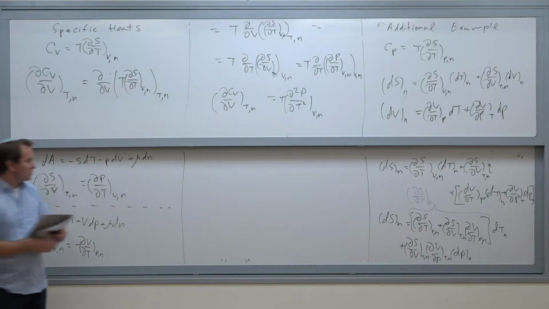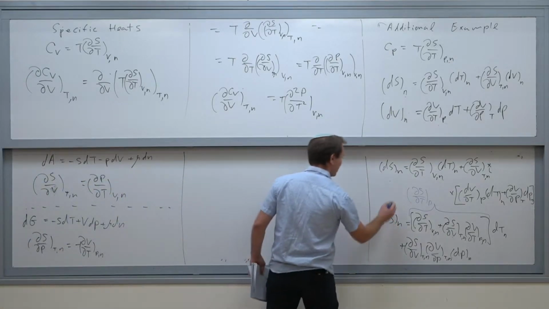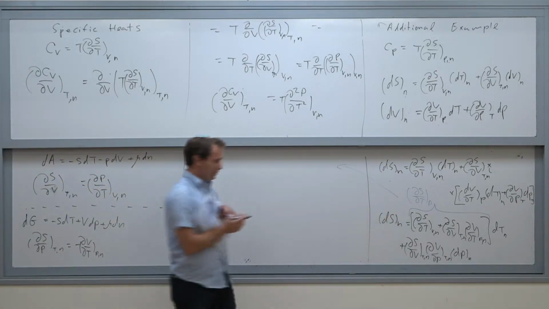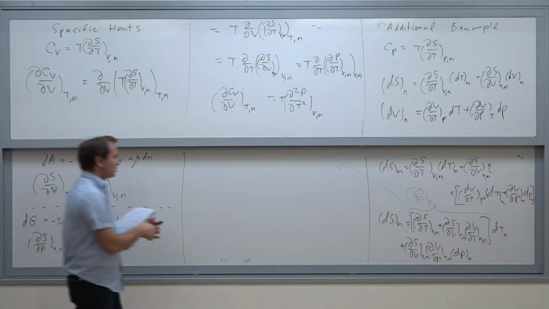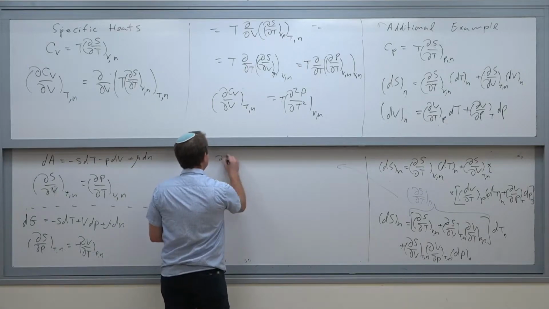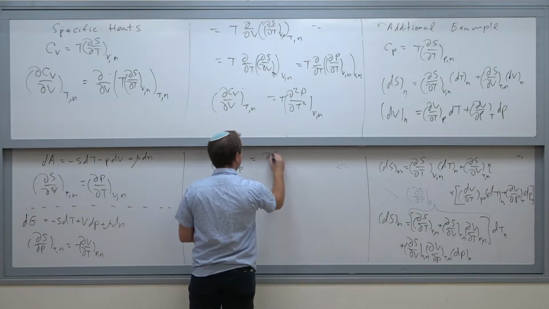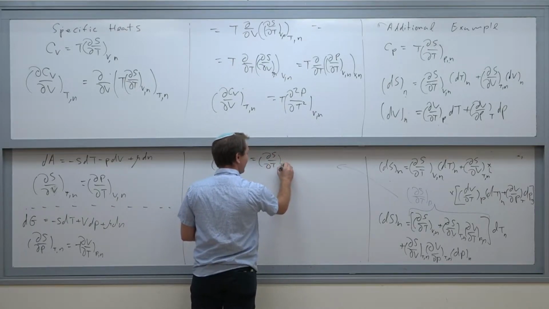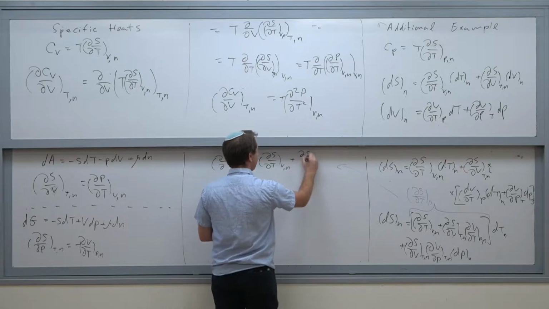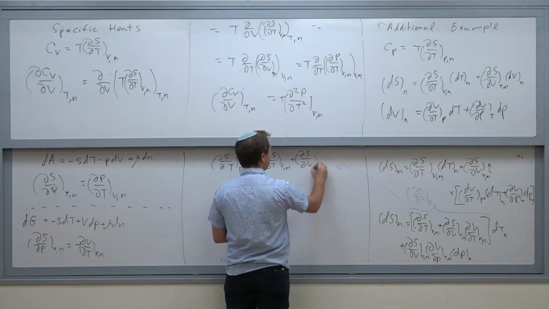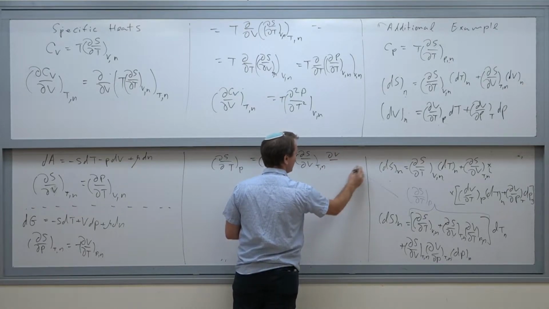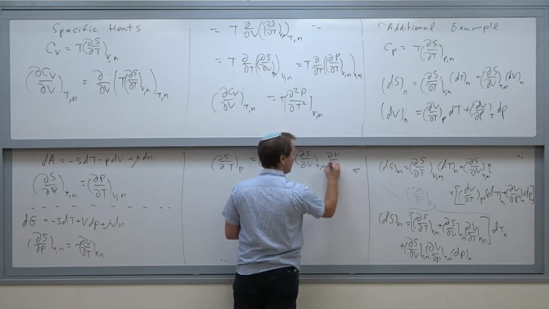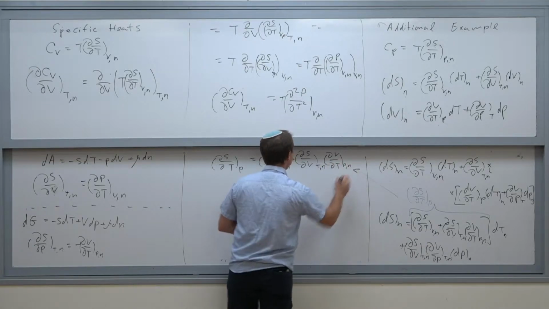So we take this and write it in the following fashion: ds dt of constant p equals ds dt of constant v and n plus ds dv of constant t and n multiplied by dv dt of constant p and n.